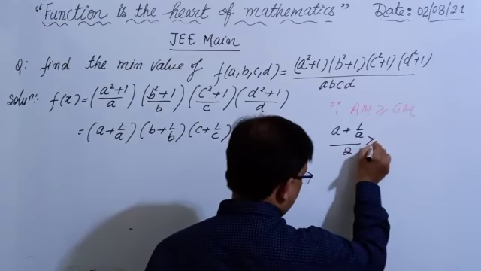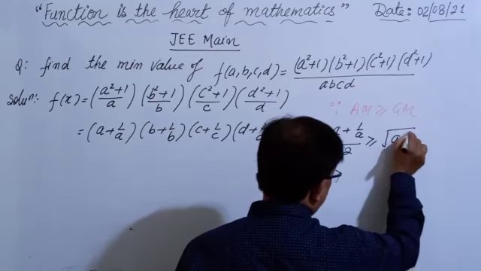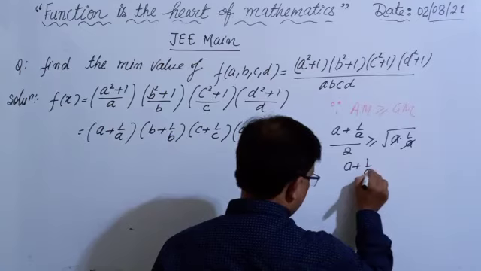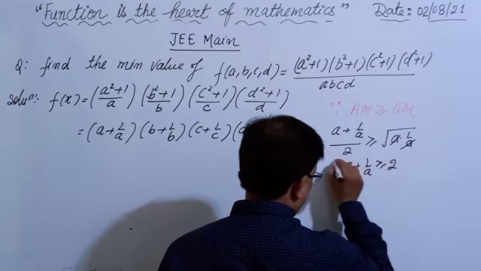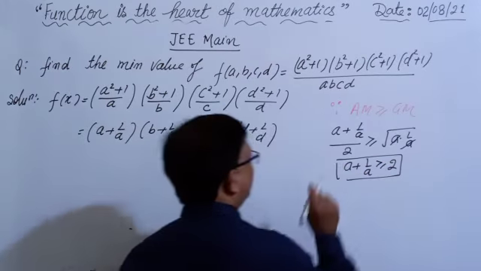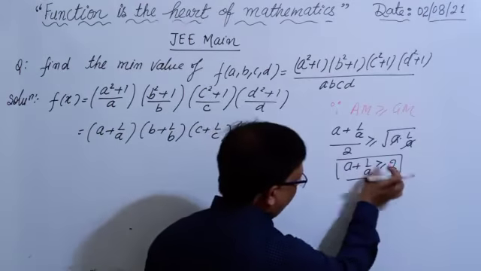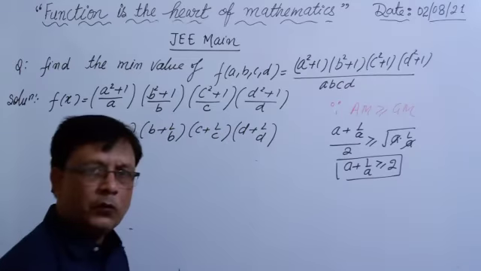It means (a plus 1 upon a) by 2 is greater than or equal to root of a into 1 upon a. This is cancelled out. The value of a plus 1 upon a is always greater than or equal to 2.